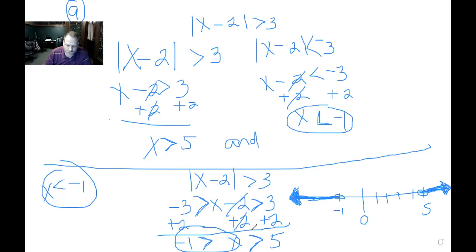Okay, now let's try it with this. X is still greater than 5. So this is still like this, and it like that as well. So pretend X is your 0, and you're going to start at your 5 and go that way.